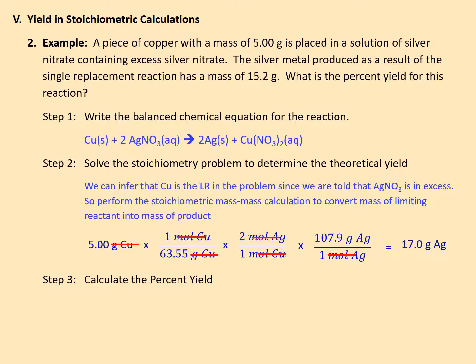So that 15.2 grams represents the actual yield in the problem. Note that it's slightly less than the predicted or theoretical yield, as it will always be for some of the reasons we mentioned in the previous slide. So when we take this ratio of what we actually get to what we predict we should get and multiply by 100%, we get a percent yield of 89.4%.